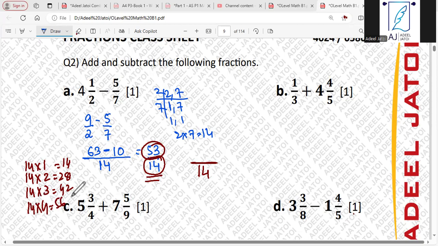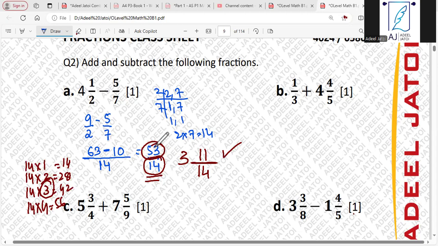So obviously 56 is more than 53 in the numerator. So we'll take 3 as a whole number. So 14 into 3 is what? 42. And the difference between 42 and 53 is 11. So 11 will be the number remaining because 14 3s is 42. 53 minus 42 is what? 11. So 11 will be your answer for part A.